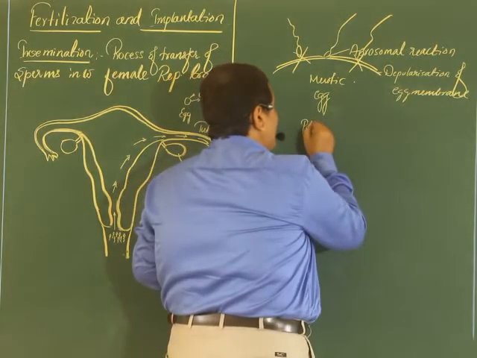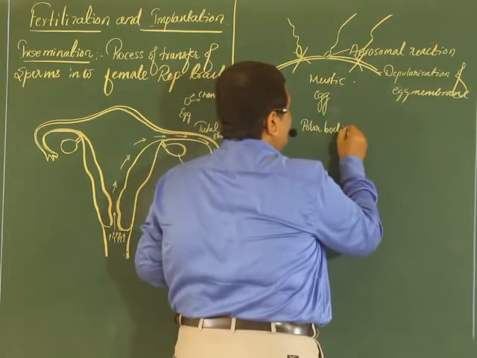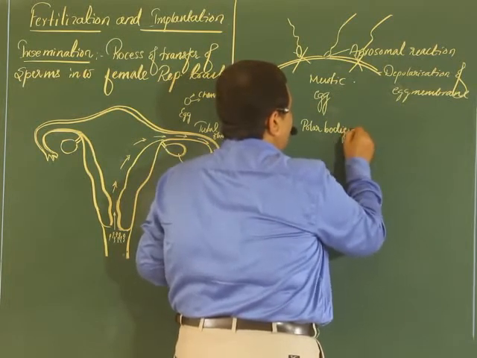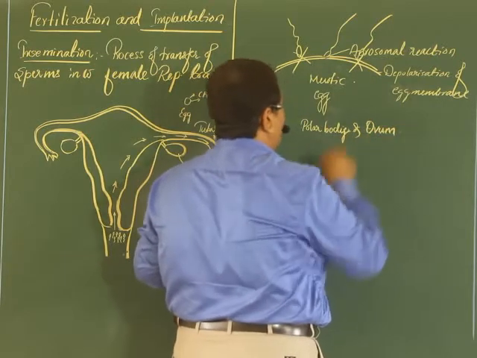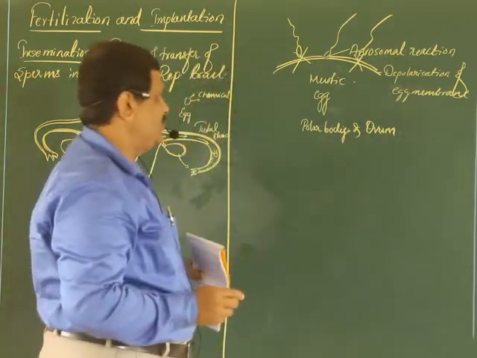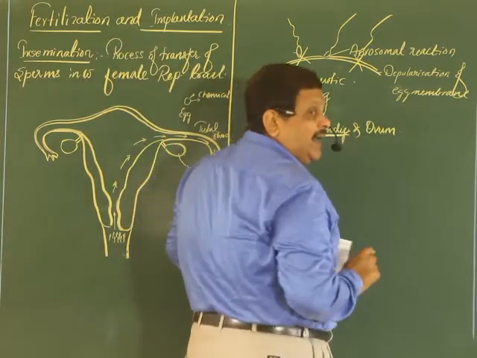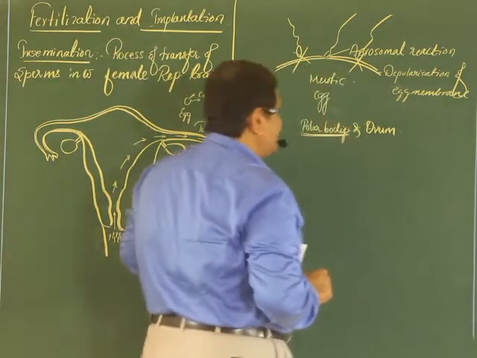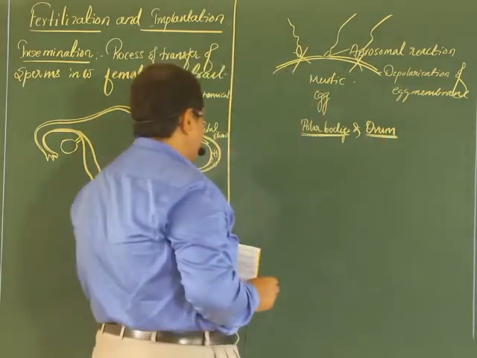The polar body is formed due to unequal cytoplasmic division, and the ovum is the functional egg.